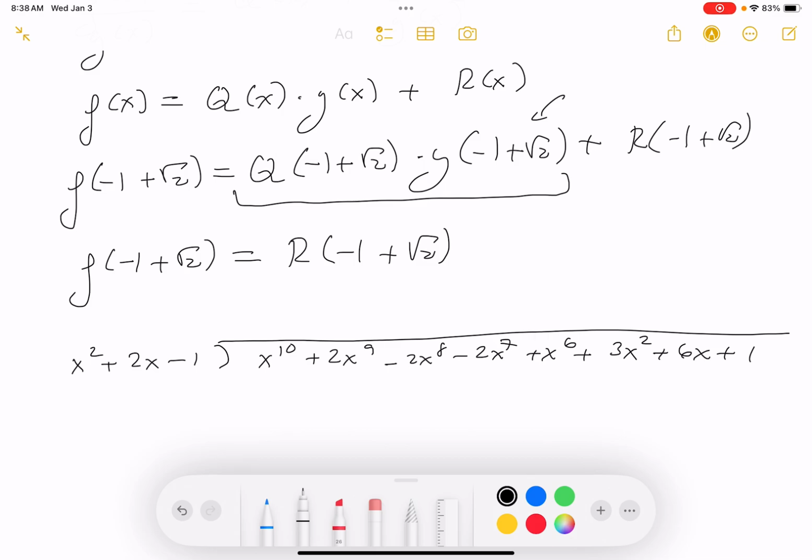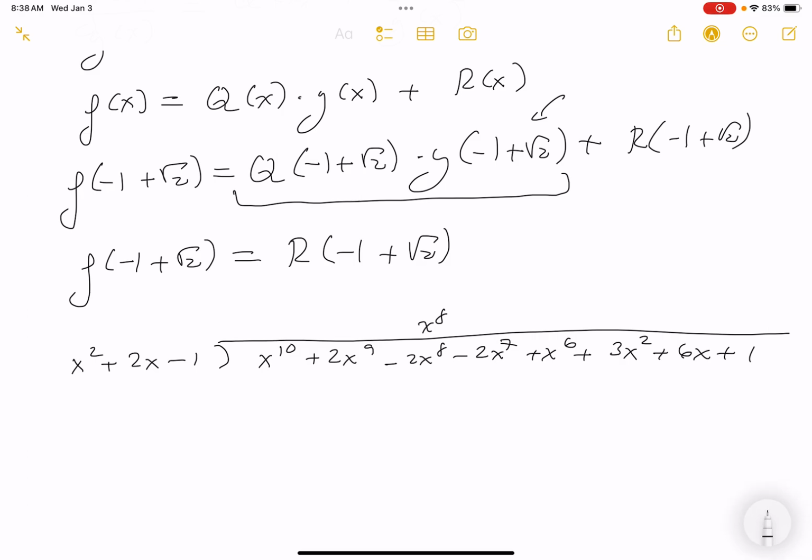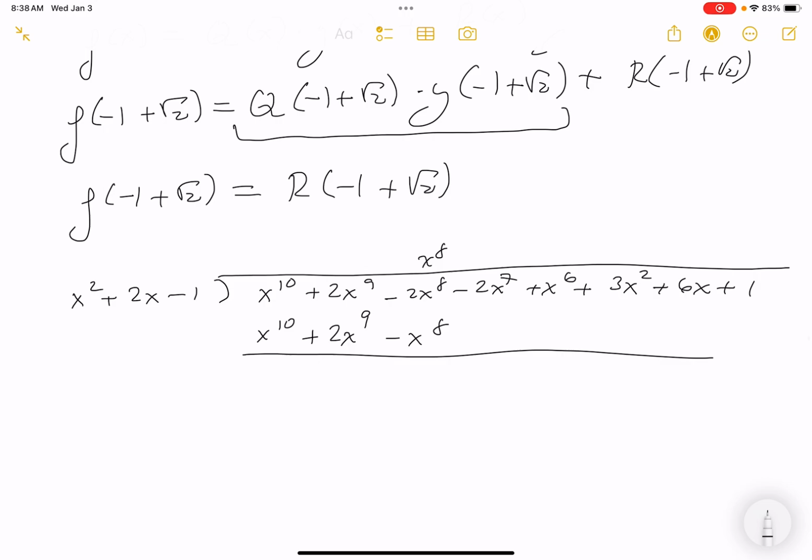Let's go through it. I'm going to say x^8. And what do you get there? You get x^10 plus 2x^9 minus x^8. All right, I got to subtract now. And what's nice about that, the first two terms disappear, and I'm left with minus x to the 8th power. And I got to drop the other terms down now.